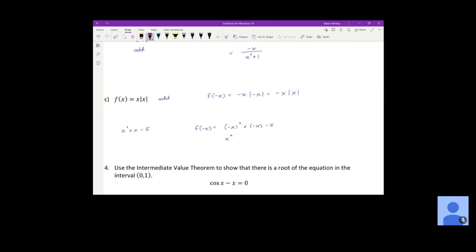Squaring the negative x would give us x squared, then plus a negative x, same thing as minus x, and minus 5. So again, not the same as the function we started with, but also not all the signs switch, so it's not the opposite of the function we started with. So this one right here would be a neither.